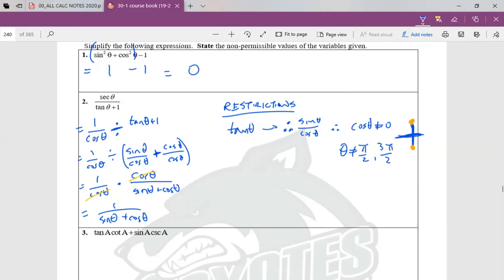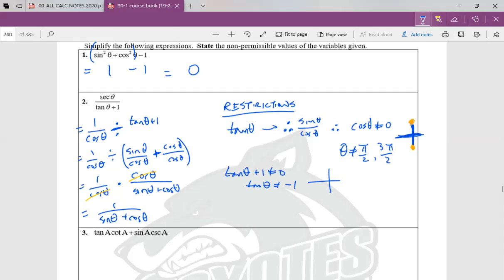But we also have to deal with the fact that tan theta plus 1 is your denominator, so therefore that cannot equal 0. Tan theta cannot equal -1. Where does that happen? Where is tan theta equal to -1?